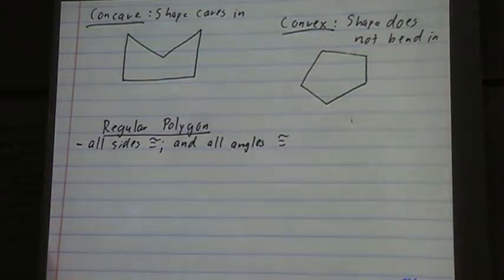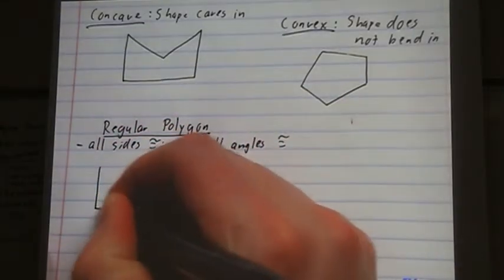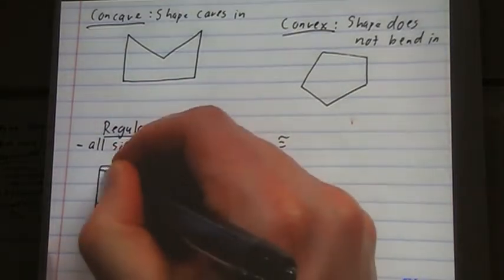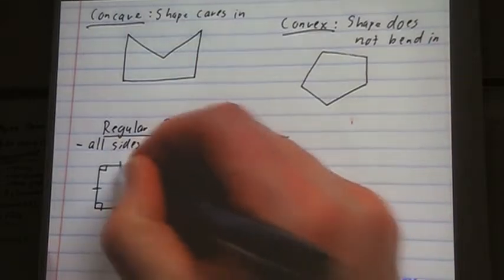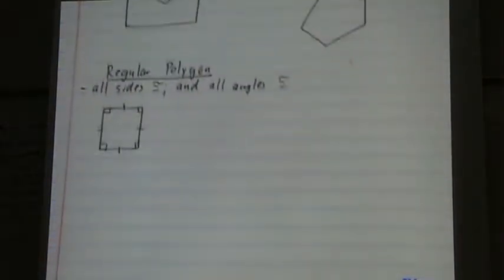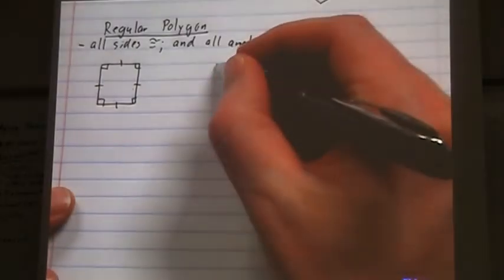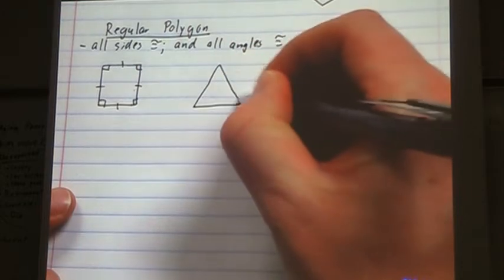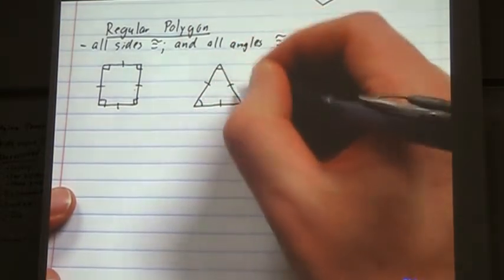So the most common shape would probably be a square. With a square you've got 4 90s, and all the sides are congruent as well. But you can also see it for an equilateral triangle. All the sides would be congruent and all the angles would be congruent.